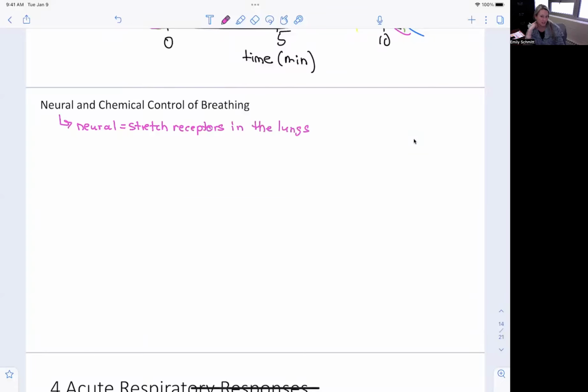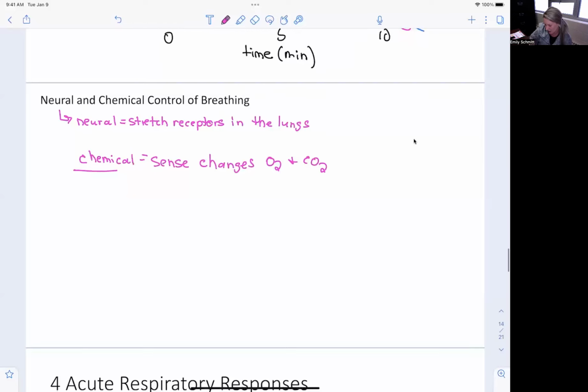And these send messages to the brain center to alter breathing rate. We also know that we have these chemical states that will sense changes of oxygen and carbon dioxide. We have baroreceptors and mechanoreceptors, and so these stimuli rely on feedback and information to your brain that we just discussed in the few slides before this.